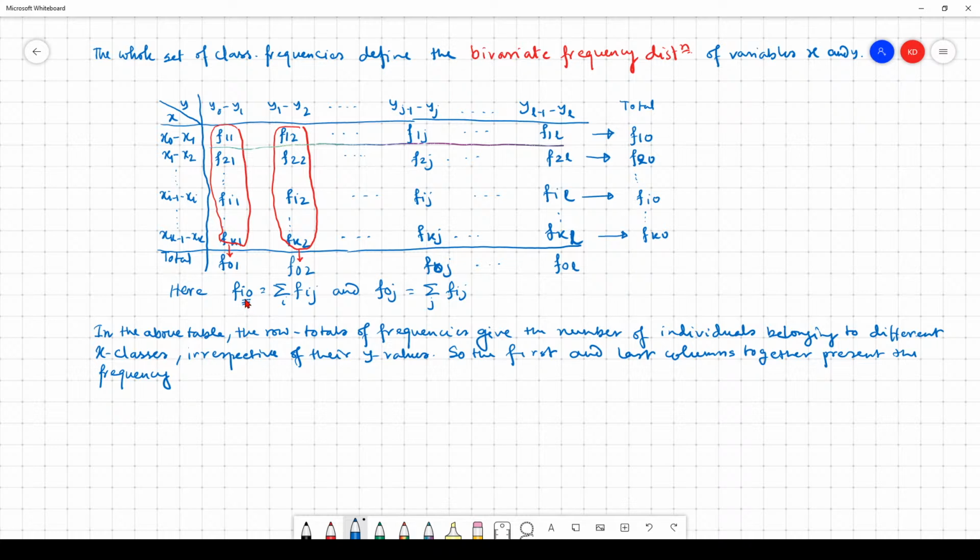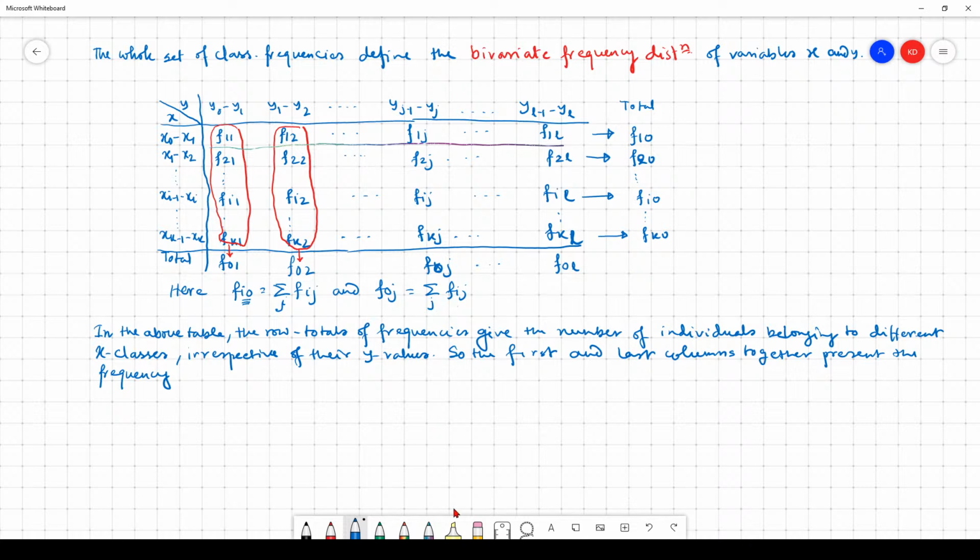Fi0 means you take a sum over j. That's why I denote this symbol zero: because you take a sum over all j, that's why this is fi0.